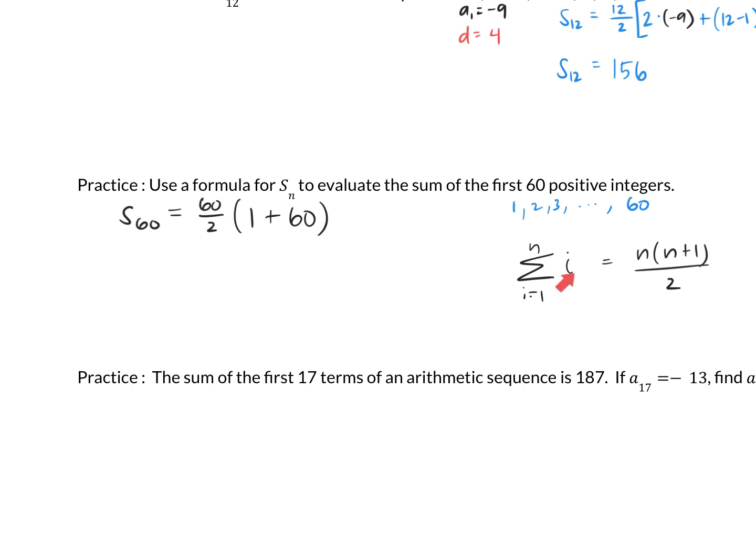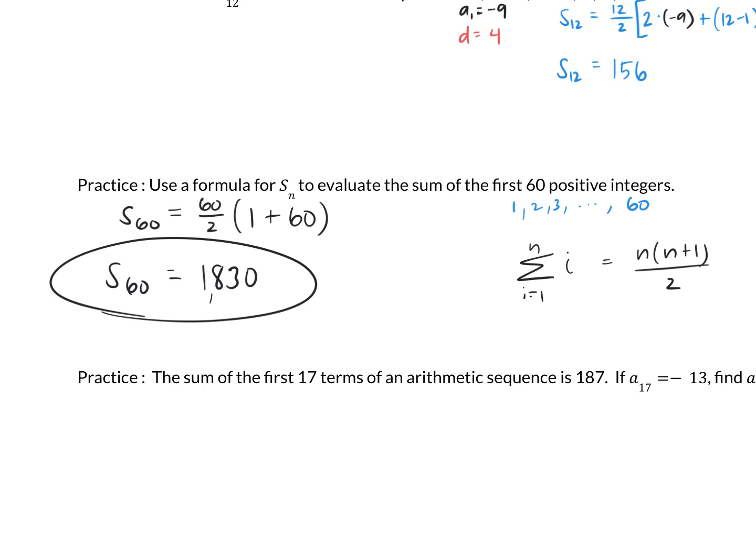Because if I just plugged in 1 through 60 here, I'm going to get the exact same formula as I get over here, right? Because n is 60, n plus 1 is 61. Divide that by 2, and we should end up with 1,830 for the sum of the first 60 integers.